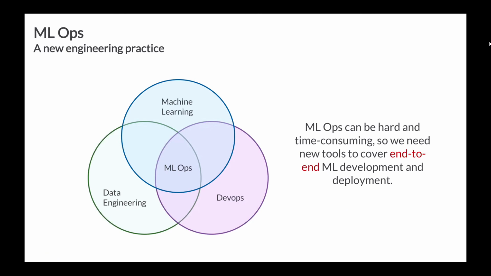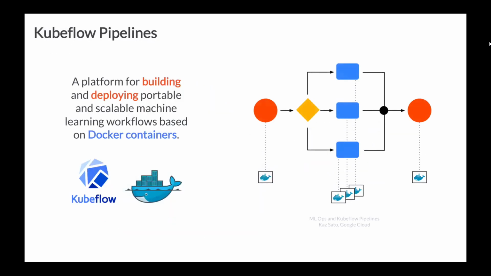That's why we need new tools to cover end-to-end machine learning. And we decide to use a framework to orchestrate our machine learning workflow and respect the rules of applying machine learning in production. And this framework is called Kubeflow Pipelines, which is a platform for building and deploying scalable machine learning workloads based on Docker containers.